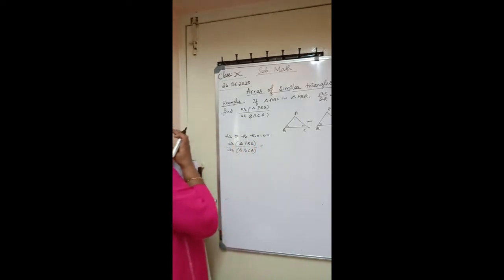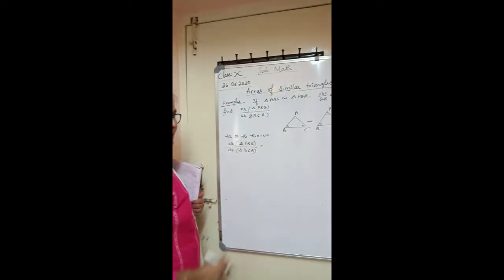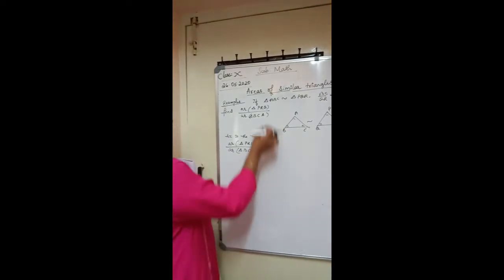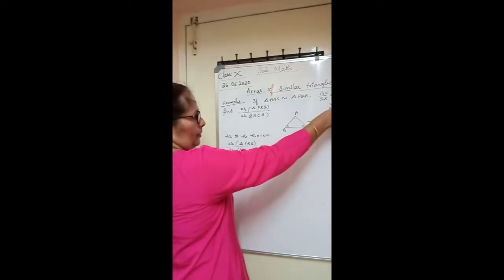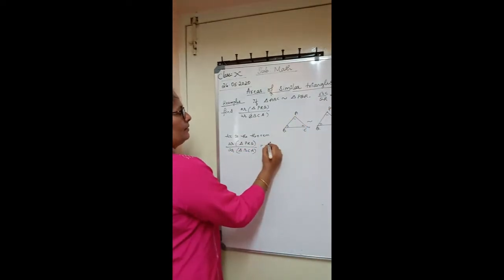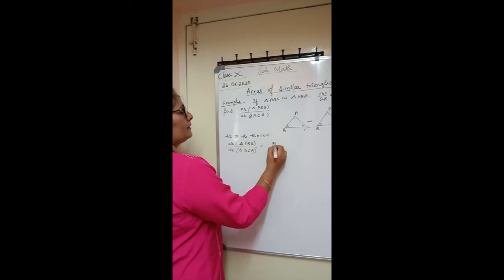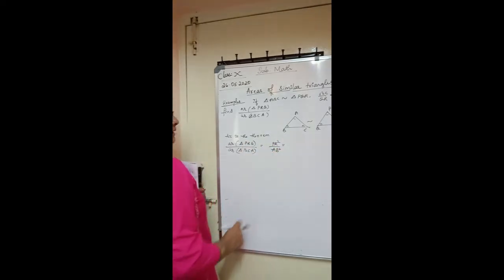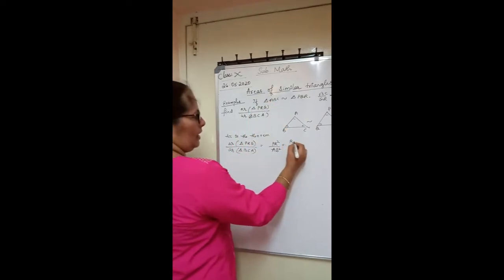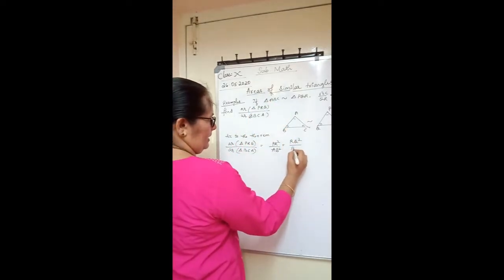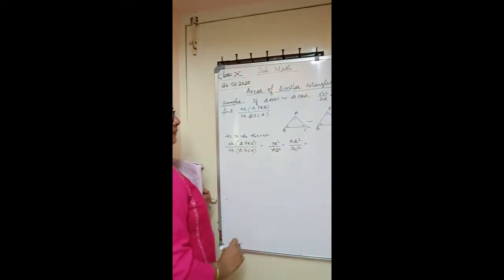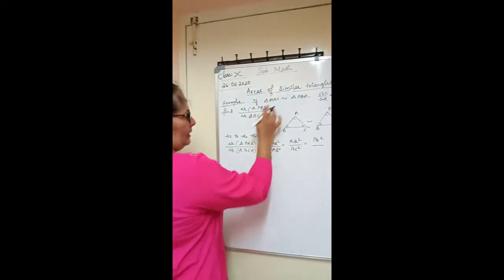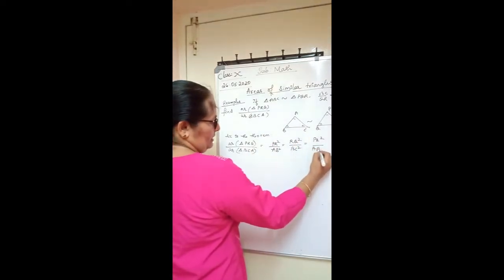Now see here, when the two triangles are similar, then their corresponding sides are proportional. PR is proportional to AB, right? So PR square by AB square, then RQ square equals BC square, then PQ square equals BA square, that's AB square.